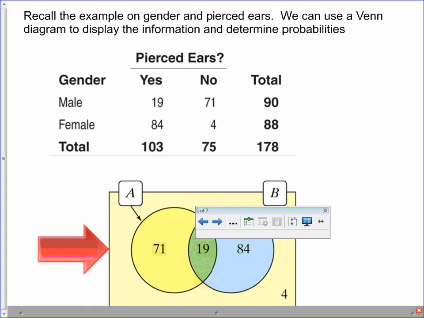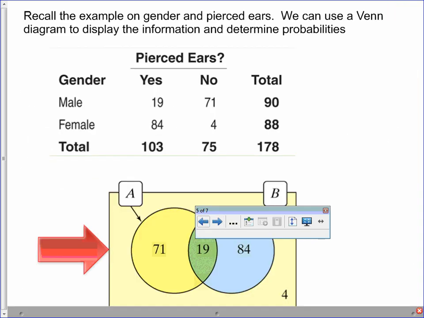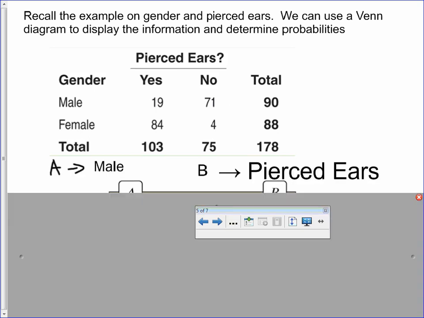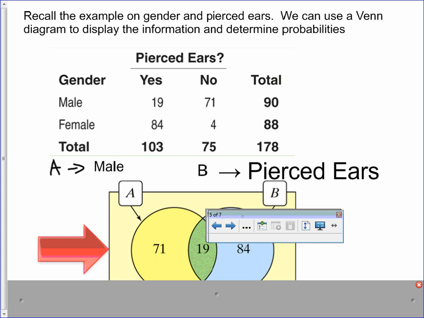The key here is that A is defined as someone who is male, and B is defined as someone who has pierced ears. So if we're going to do probabilities, then we need to break this into the Venn diagram. So we define A and we define B.